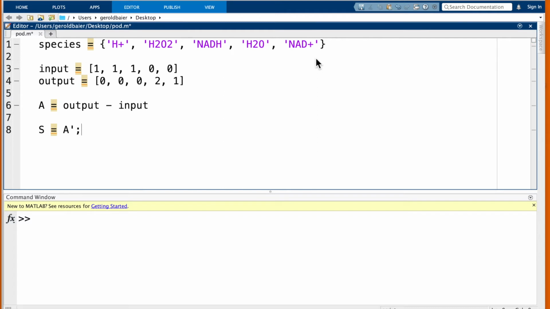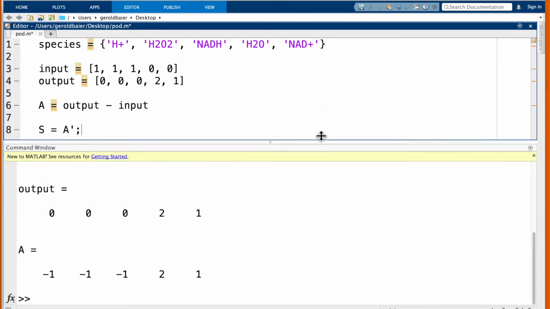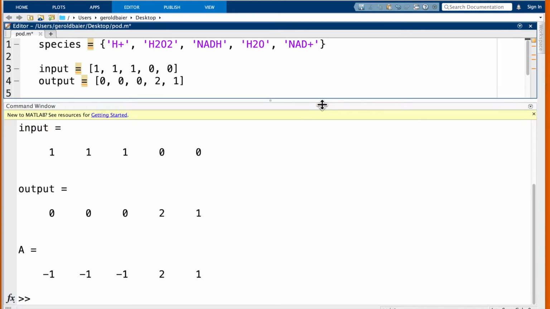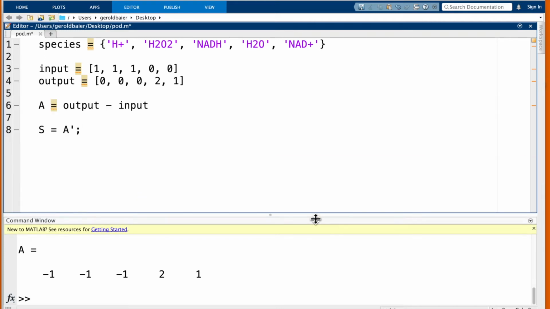This output we can suppress because the same numbers will be in both matrices, just in a different form. So the result here, if I make that visible: the input vector, the output vector, and the resulting reaction matrix, which is a single row vector in our case of only one reaction.